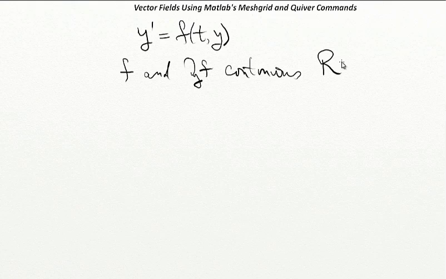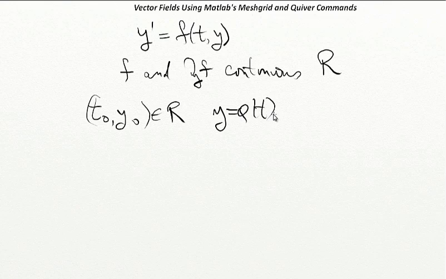Let's suppose we take a point, t0, y0, in the rectangle. We know there's a unique solution curve through that point, which goes through the point and solves the differential equation. We don't have a formula for it, but we know it exists. So y equals phi of t. It satisfies the initial condition, phi of t0 equals y0, and it satisfies the differential equation.